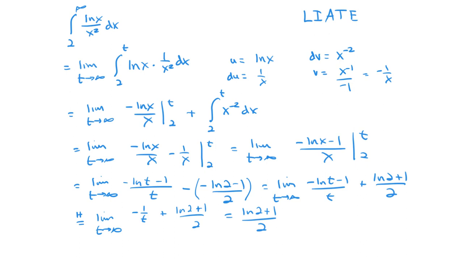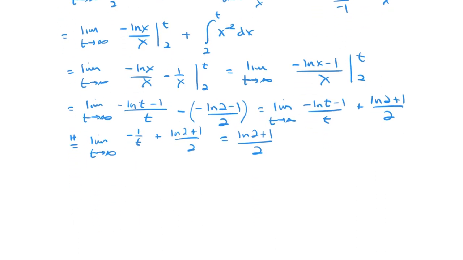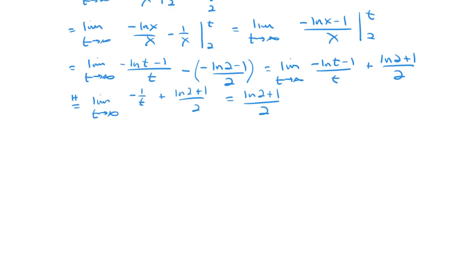We really don't care about that answer so much, other than the fact that it is a real number, which means that this integral converged. So if this integral converges, that means our series converges by the integral test. We can say that because we got a number for our answer, the integral from 2 to infinity of natural log of x over x squared dx converges.